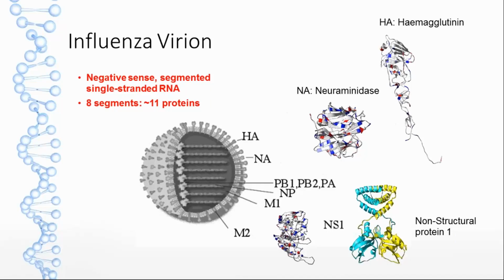Influenza itself is a segmented, negative-sense RNA virus. It has a segmented genome of 8 segments and about 11 proteins, depending on the particular strain. It can be 12 proteins, but mostly 11. The two main proteins, the surface proteins that give the strain names, the H and the N, you may already recognize.